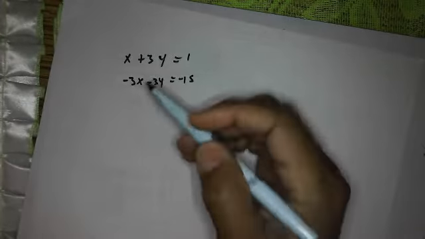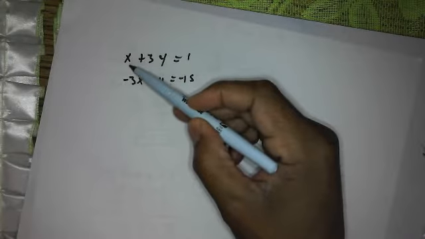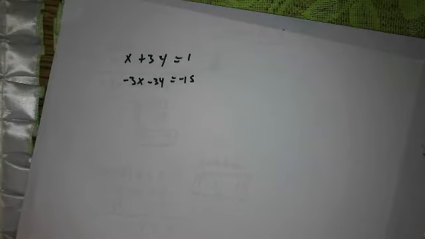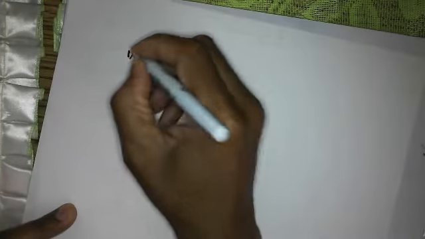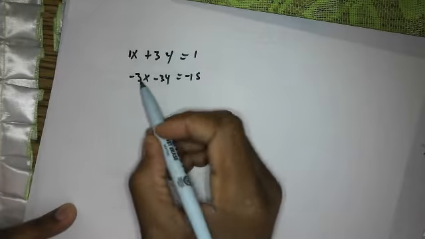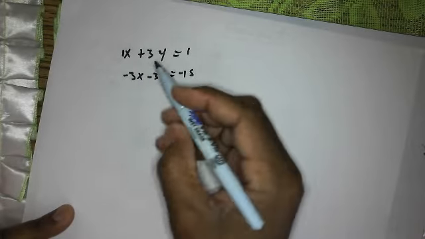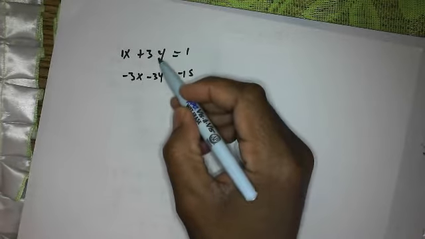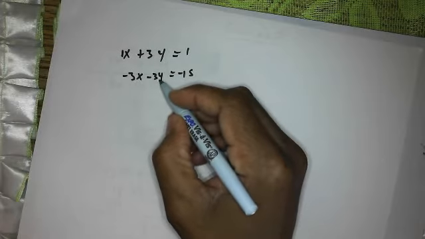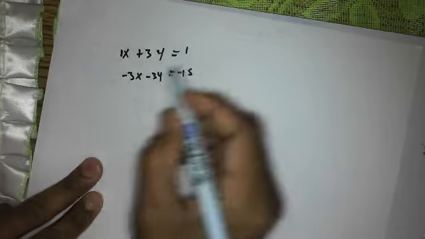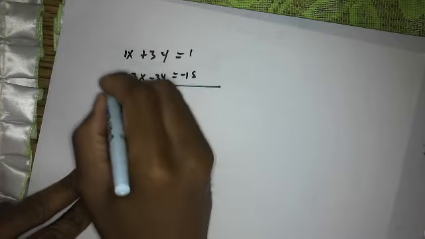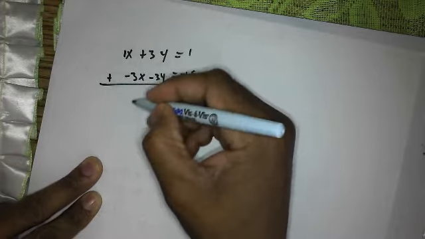Again, we're looking at both equations. If we look at our x's, the coefficient of x in the first equation is 1, and the coefficient of x here is negative 3. So these are two different numbers. When we look at the y, the coefficient of y here is 3 and the coefficient here is negative 3. So the numbers are the same and the signs are different. So once the signs are different, we're adding both equations.